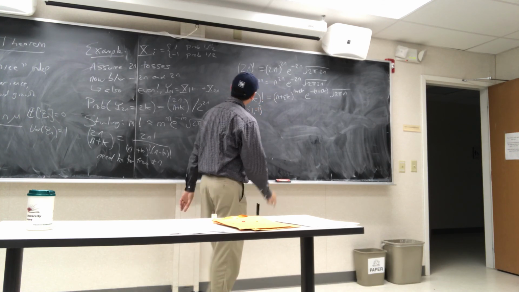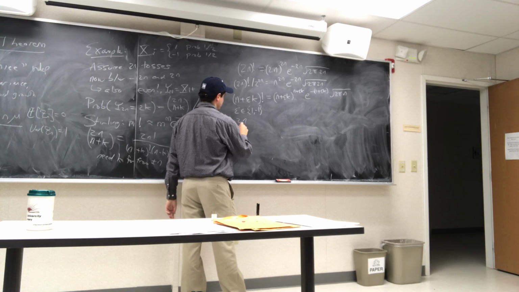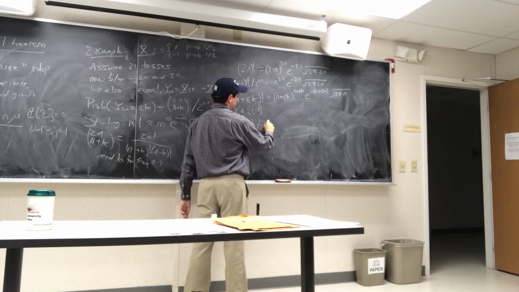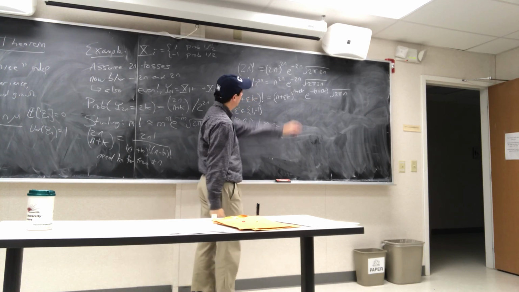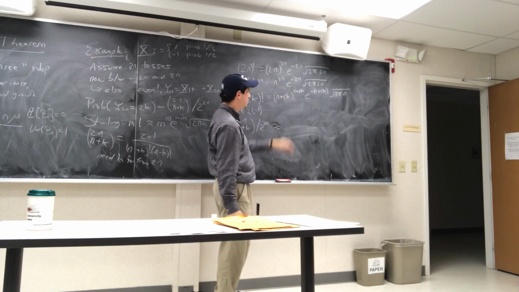So now when we combine things, we'll have 2n choose n plus k divided by 2 to the 2n. And this will be approximately equal to the following. So I'll have this mess divided by this with epsilon, 1 and negative 1.